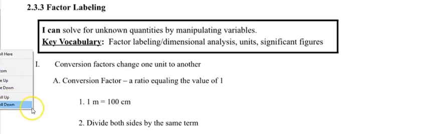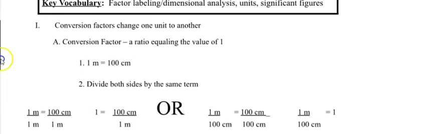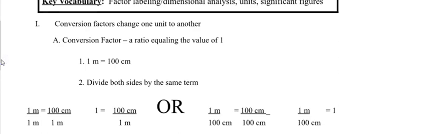So, for example, I know in my heart of hearts, 1 meter is equal to 100 centimeters. So what can I do? I can divide both sides by the same term. I can either divide both sides by 1 meter, or I can divide both sides by 100 centimeters. So if I divide both sides by 1 meter, hey folks, what does that left-hand side become? Isn't this 1? Isn't 1 meter divided by 1 meter equal to 1?